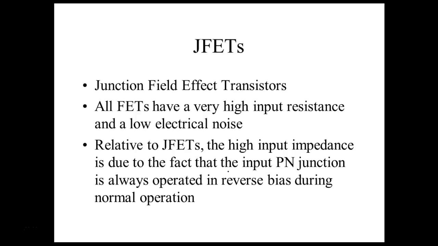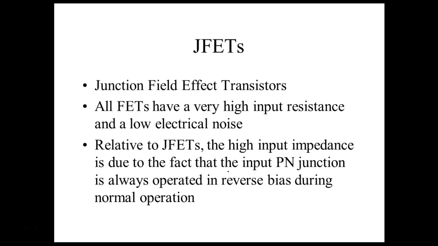All FETs have a very high input resistance, and this is really good, especially when we start dealing with sensors and stuff like that. Touch screens. So if I'm going to come up and hit a little touch screen, I have a high internal resistance, and I want to touch something that has an extremely high input resistance, so it doesn't load my signals.